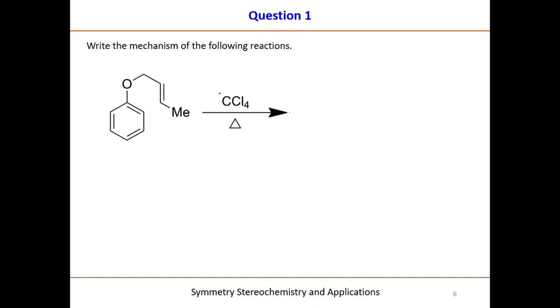I will write here concerted mechanism. That means no carbocation or carbanion formation will take place, and no cross product will form here. So I will write here the rearrangement type reaction.